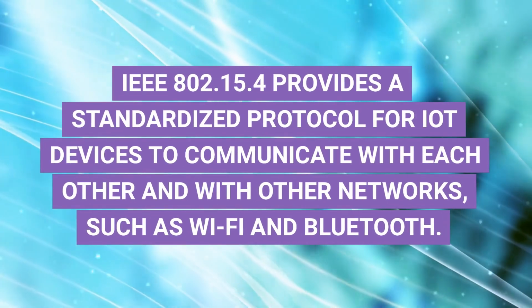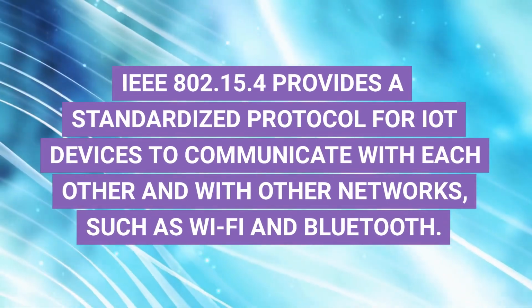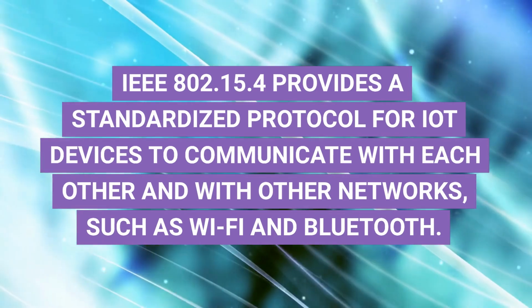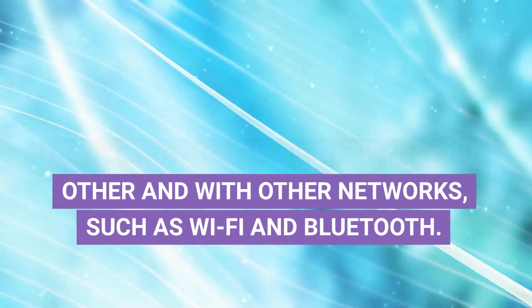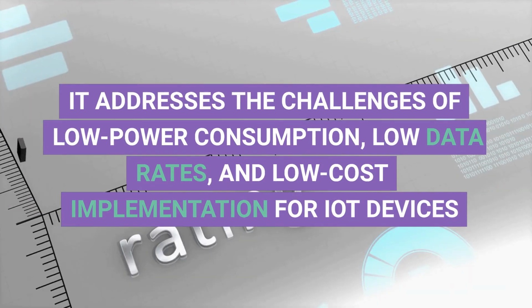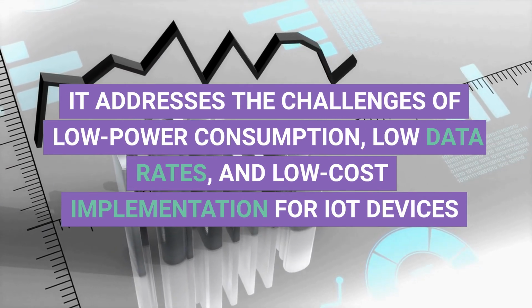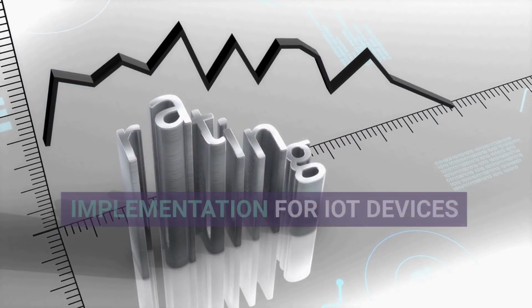IEEE 802.15.4 provides a standardized protocol for IoT devices to communicate with each other and with other networks, such as Wi-Fi and Bluetooth. It addresses the challenges of low power consumption, low data rates, and low-cost implementation for IoT devices.